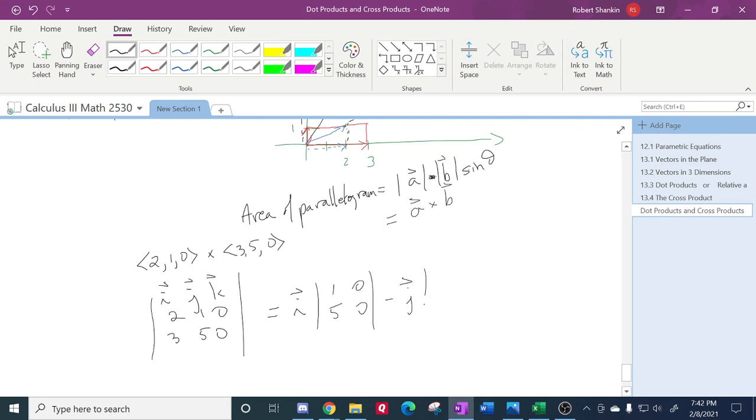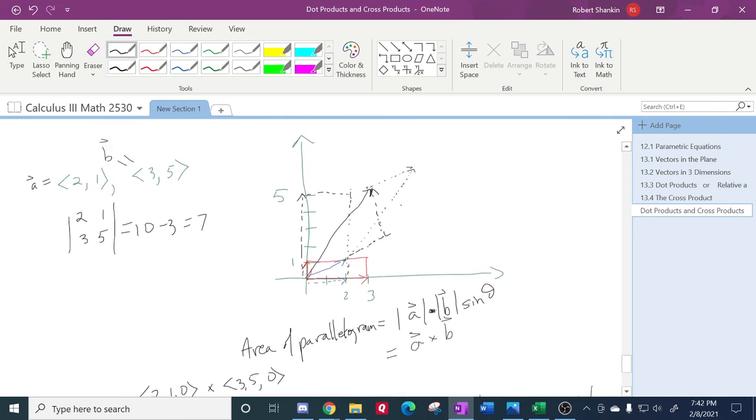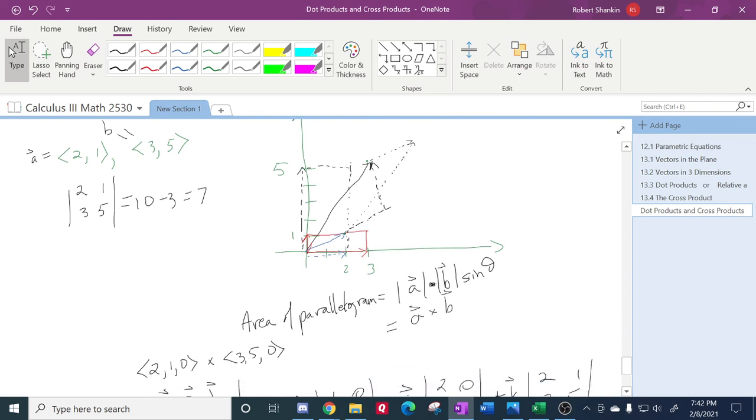The J will also 0 out. But the K will be the only non-zero part. And this will be 10 minus 3, 7, K. So we see that the magnitude of this is 7, which is the area of the parallelogram, which is also the determinant of the 2 by 2 matrix.